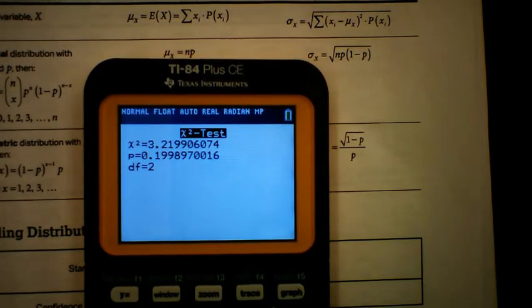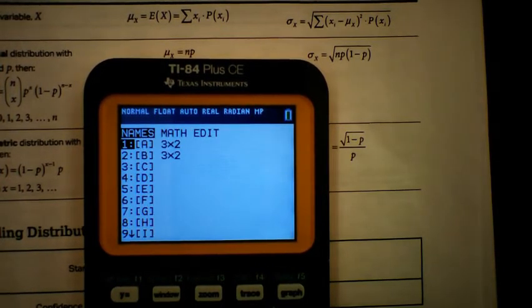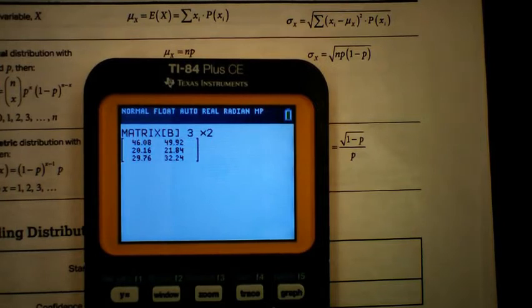So I am going to then go to my matrix and go to edit, go down to matrix B and write down these expected counts as supporting my conditions. However, I will not need to go through and find the contributors since I'm not going to reject.